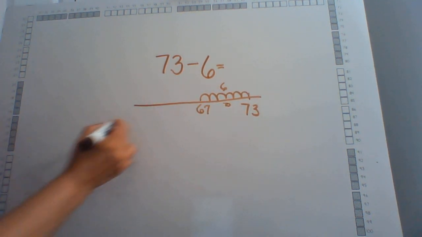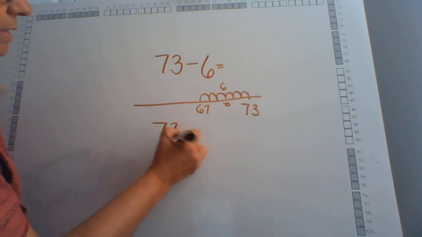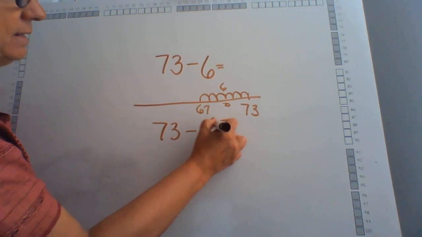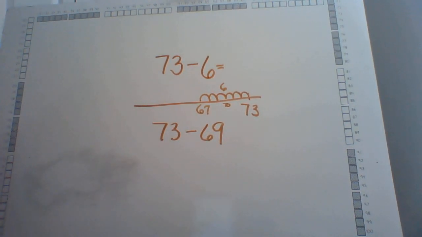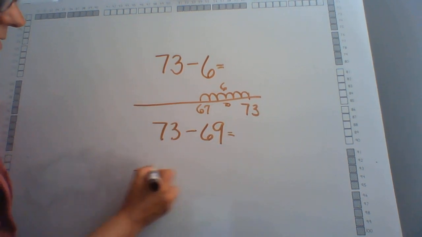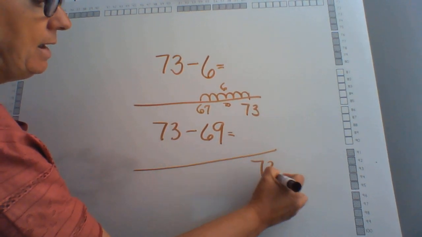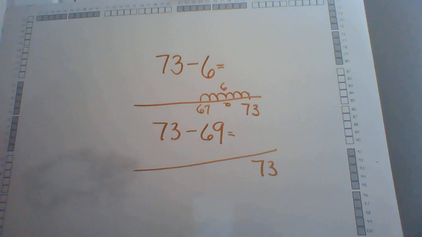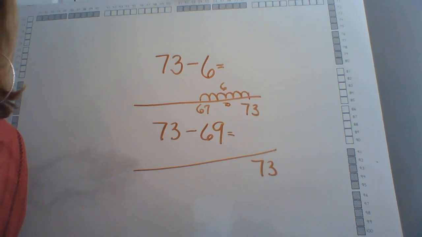But what if Mrs. Tryon was at 73 again, and Mr. Tryon was at 69 steps? Then, how many steps would he have to take to catch up to me? This is a different type of subtraction problem. I can solve it a different way. If you think I was going to start at 73 and go back 69 times, that seems like a lot of work to do.